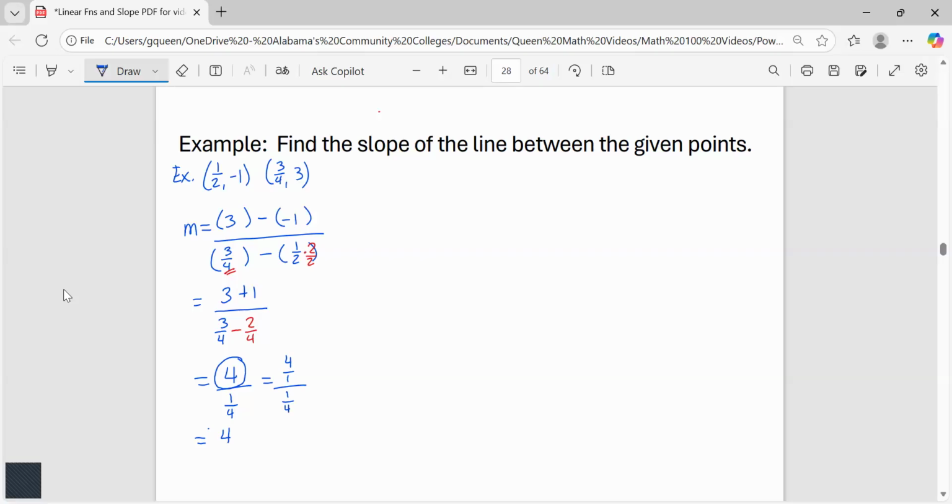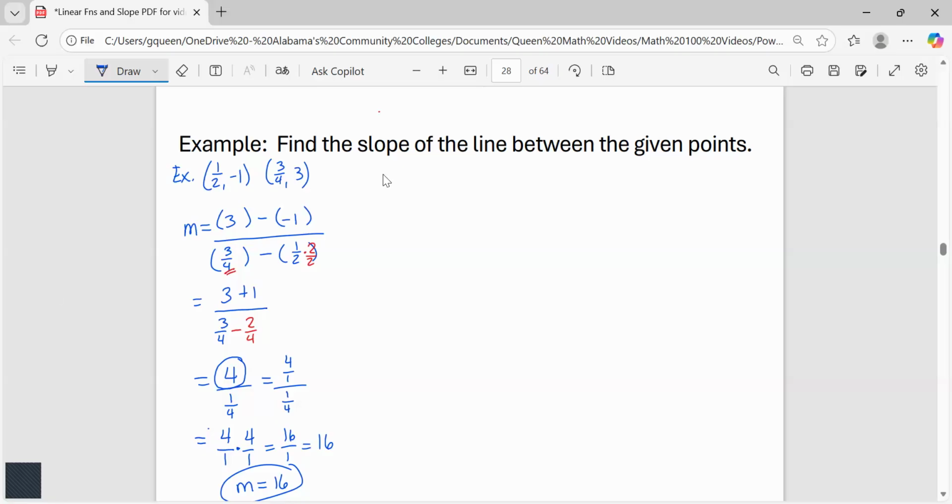So you leave the top fraction alone, 4/1, and you multiply by the bottom fraction inverted. So I end up getting 16/1, or 16. Our slope for this line between these 2 points is positive 16. So will this line be going uphill or downhill? Uphill. Okay, so we have an uphill slope. All right, so that's one example.